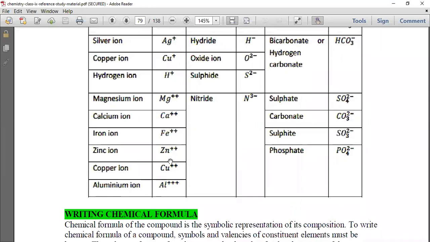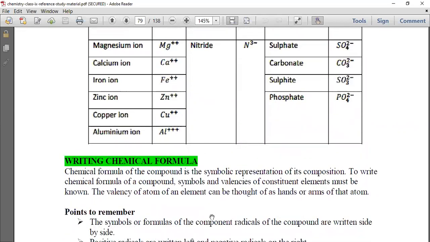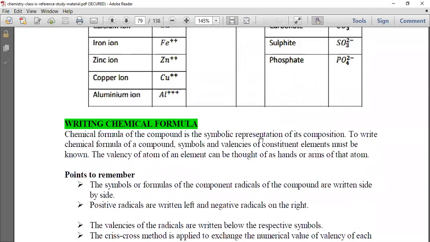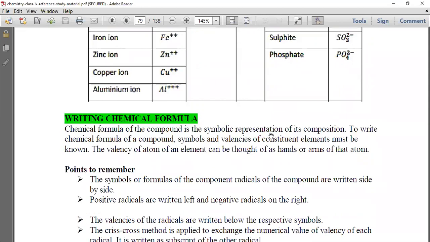Based on that, we are going to use this information for what? For writing the chemical formula, how to write the chemical formula. So the chemical formula for a compound is the symbolic representation of its composition. We know this, right?